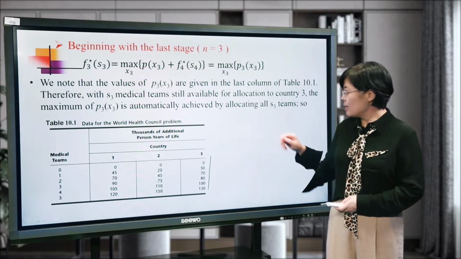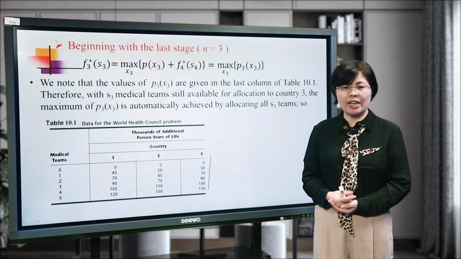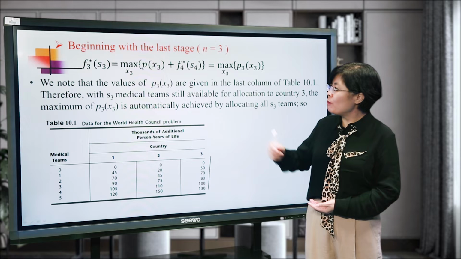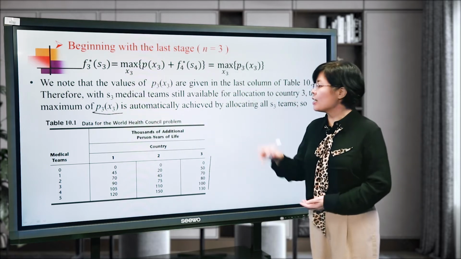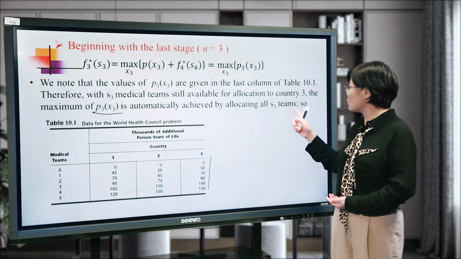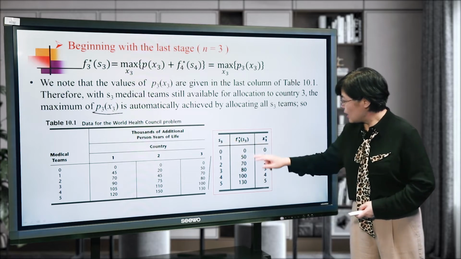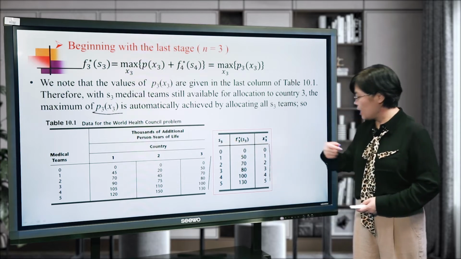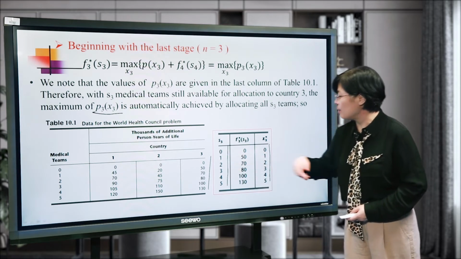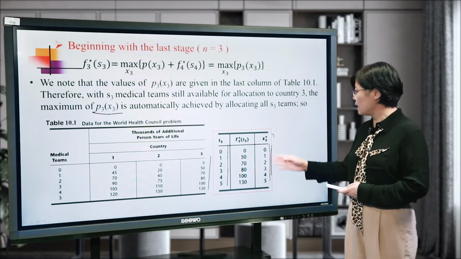Therefore, with S3 medical teams still available for allocation to country 3, the maximum of P3(X3) is automatically achieved by allocating all S3 teams. So this is the remaining medical teams, and this is the optimal decision. We show this in this table.